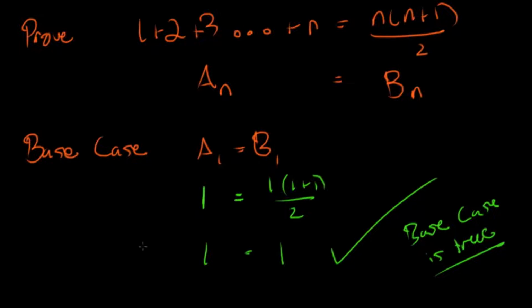All right, the next step we call the inductive hypothesis. We are going to suppose A sub k is equal to B sub k. Let me fix that k over there.